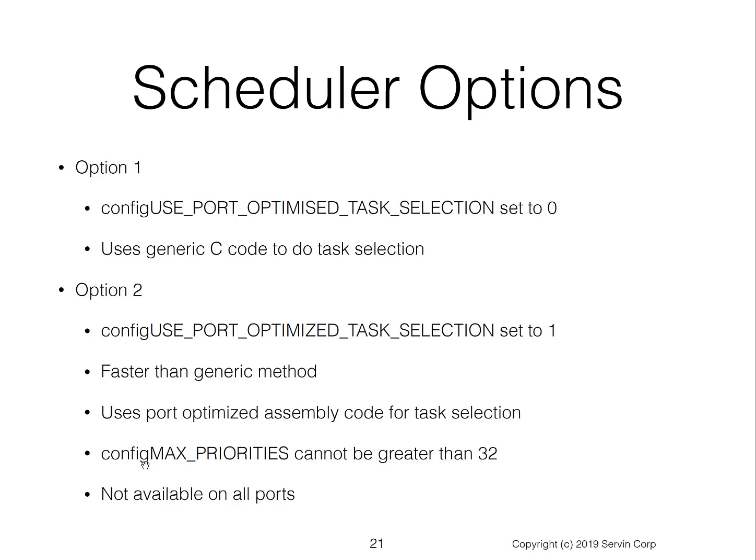If you choose to use this one, config max priorities cannot be greater than 32. So basically you have up to 32 different priorities, and not all ports have this as an option. So it's something you can check in your configuration file and see whether you have this as an option or not.